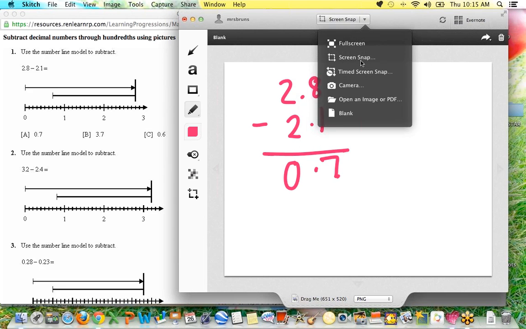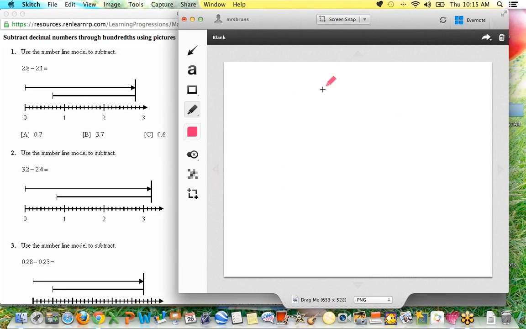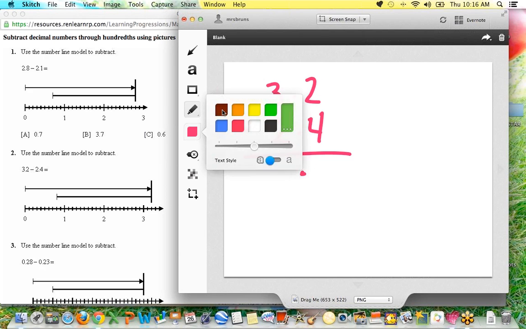Let's move on, and I'll let you guys work out number 2. It reads 3 and 2 tenths minus 2 and 4 tenths. Now you have to do some borrowing.